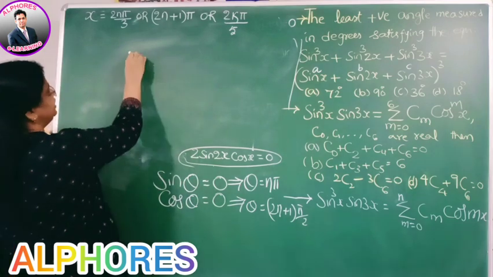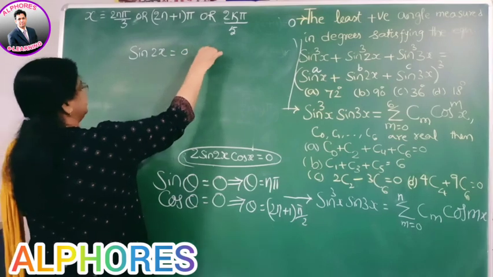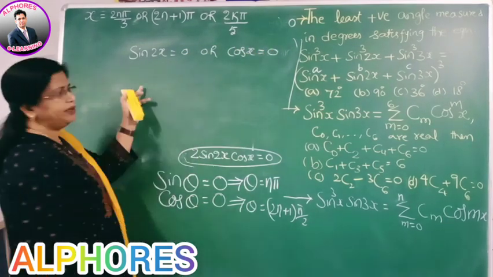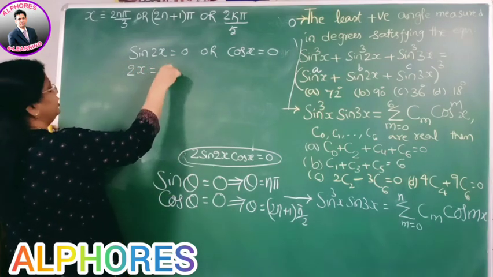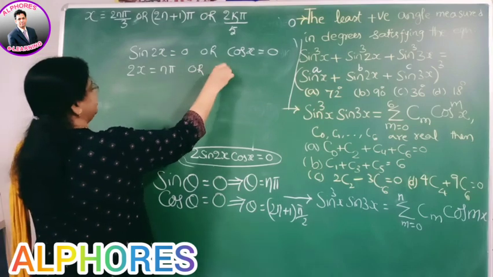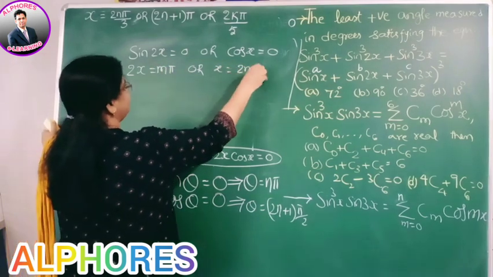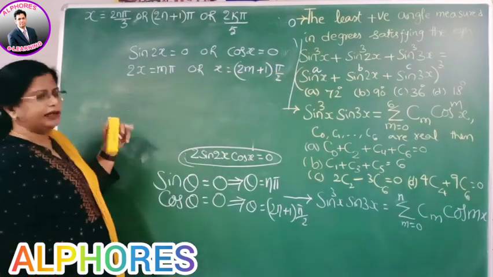And from this, if I write sin 2x is 0 or what is the other value? cos x is equal to 0. Right? So you can obtain 2x is equal to nπ, or you can write x is equal to mπ/2. I am using x equal to (2m+1) into π/2. Again m is an integer.